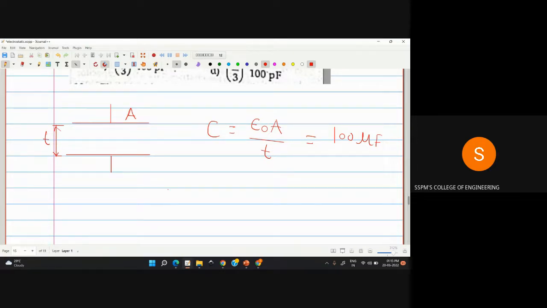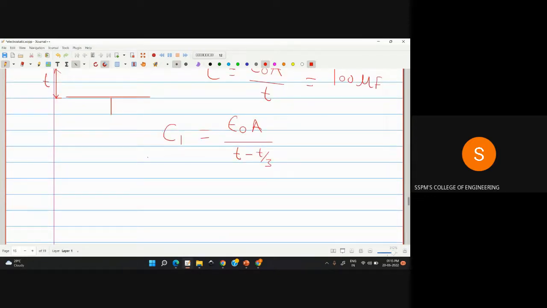So what will be the modified capacitance? The modified capacitance is epsilon 0 A. Now the modified thickness is T minus T by 3, isn't it?